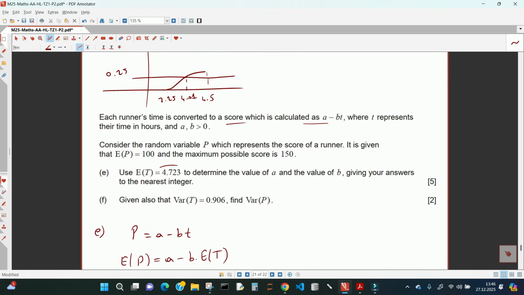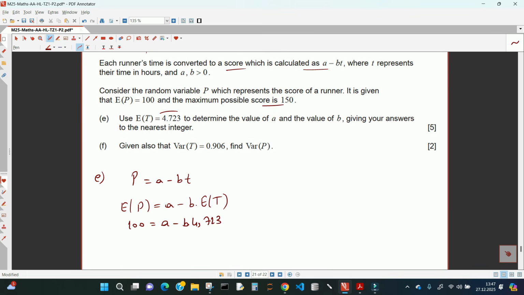And there is information here. The maximum possible score is 150, which can be gained by the runner if the time is 2.25, because I know that this is the minimum time.